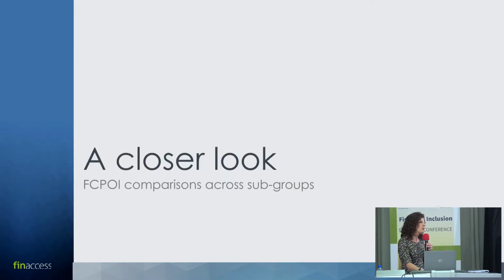Okay, now what is also very interesting just to look at is how does the index compare across different groups? Mariangela's presentation mentioned how the uneducated and women and rural people are still at a disadvantage in financial inclusion. And it's interesting just to see that also playing through in measures of financial consumer protection outcomes.